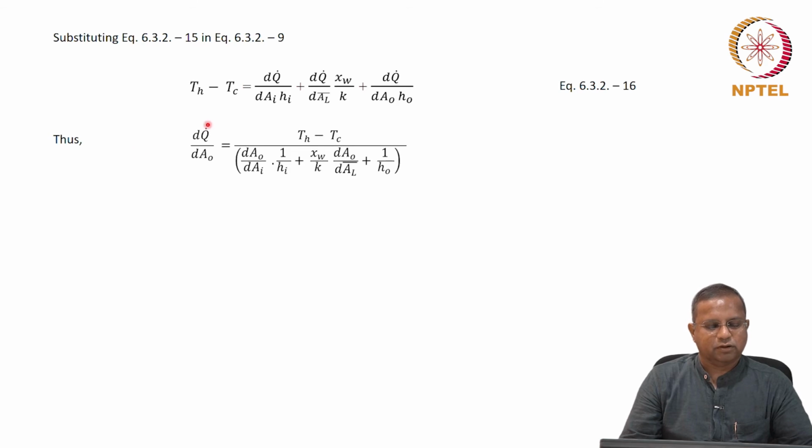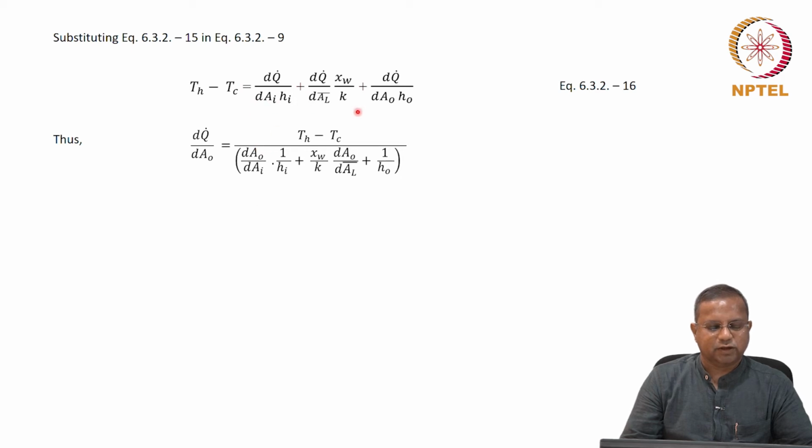Therefore, dq dot by dAo, which is this, can be written in terms of the other quantities from this equation, Th minus Tc. This is what we are looking for. Therefore, you take that one common out and then bring the whole thing down into the denominator here.